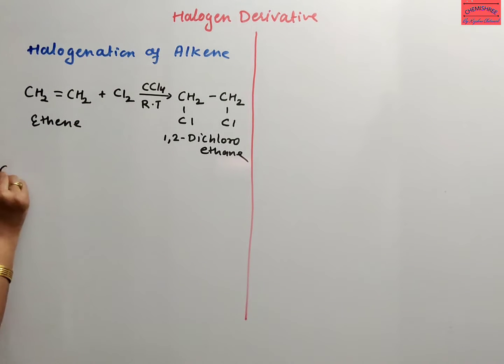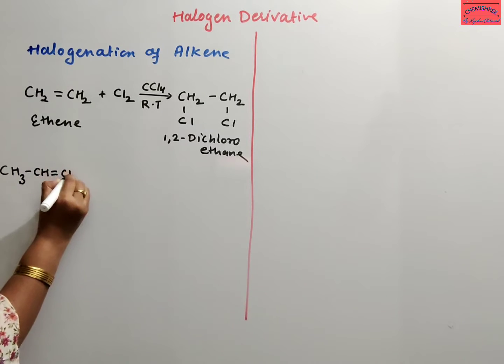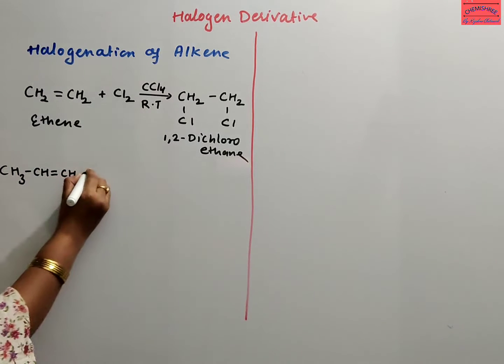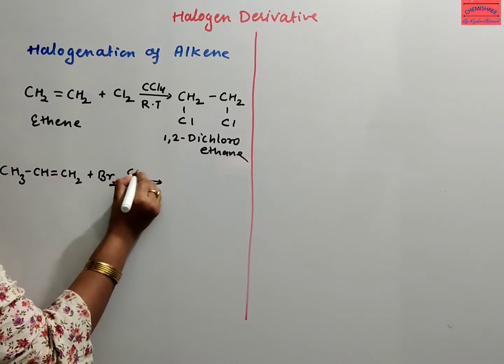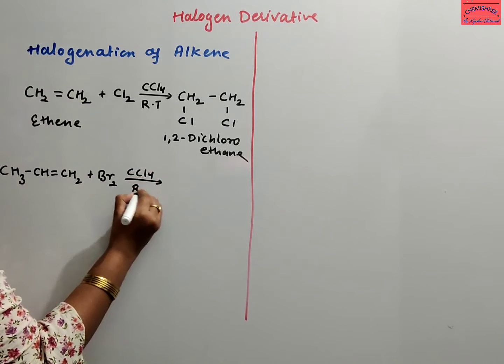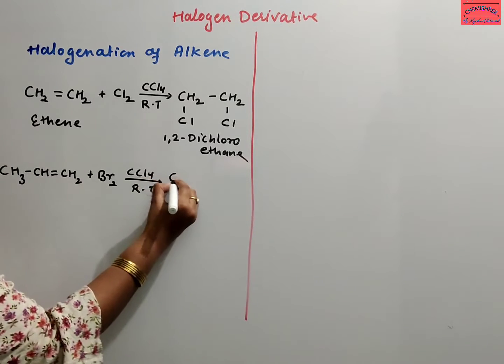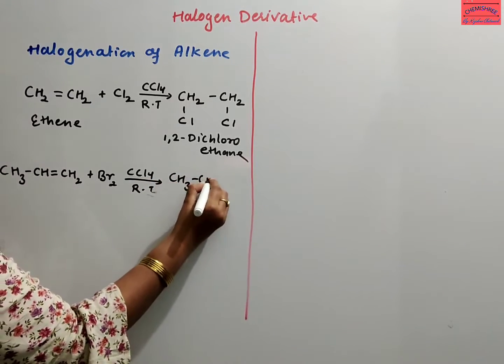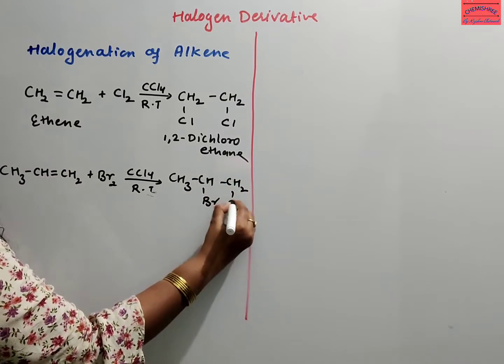Same if you take propene and you treat with bromine in presence of CCl4 at room temperature, you will get CH3CHBr, CH2Br.